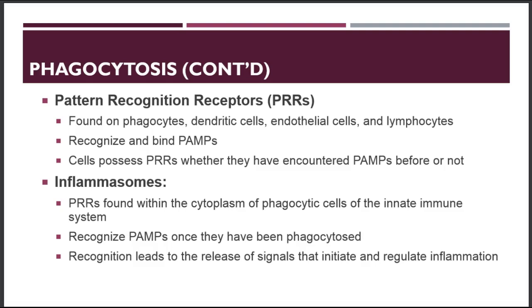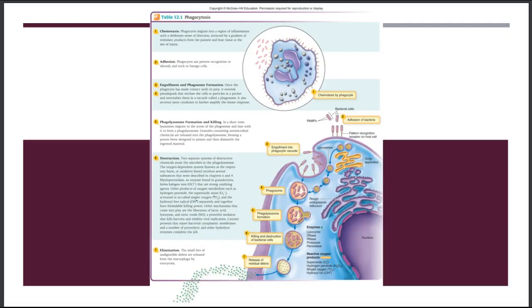And then recognition of the PAMPs by the PRRs in the cytoplasm is going to lead to the release of signals that are going to initiate and regulate inflammation. And we'll talk more about these cytokines and chemical signals a little bit later in this presentation.